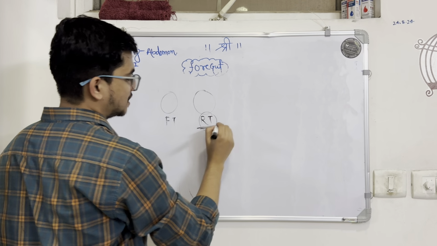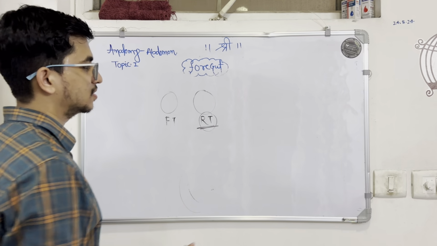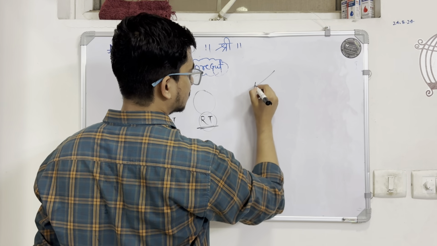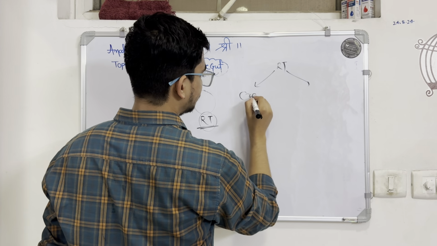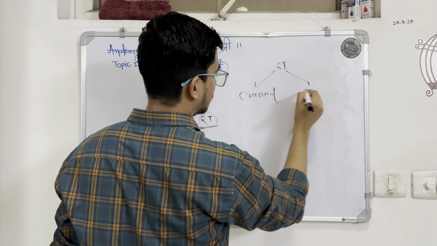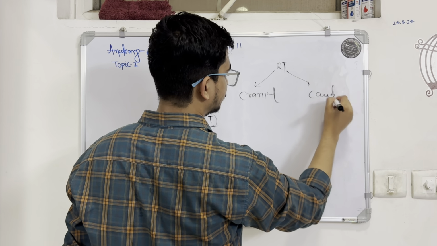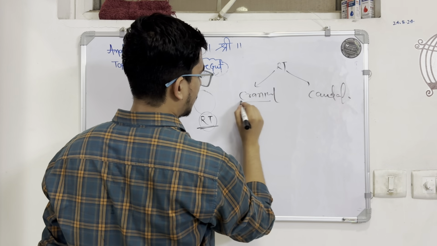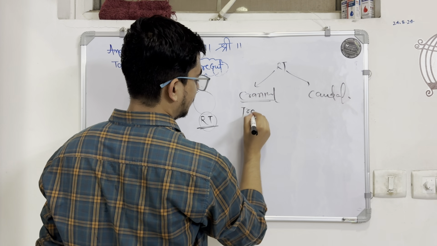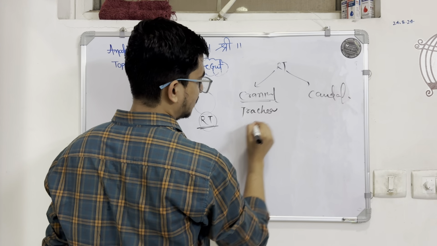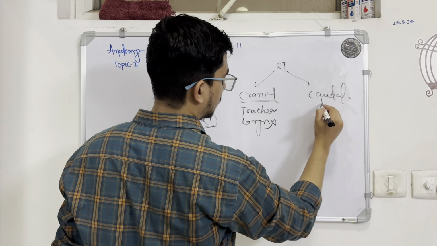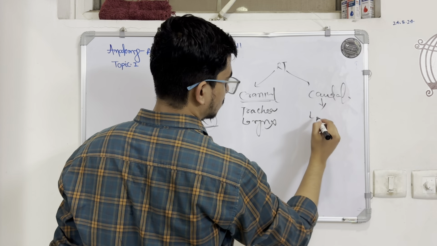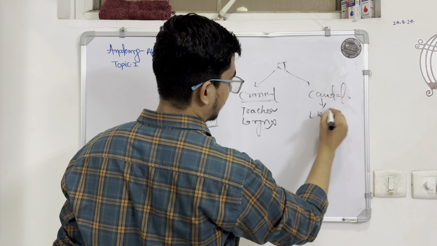The respiratory tube has two parts, one cranial, the other caudal. The cranial part forms the trachea and larynx. The caudal part forms the lower respiratory tract.